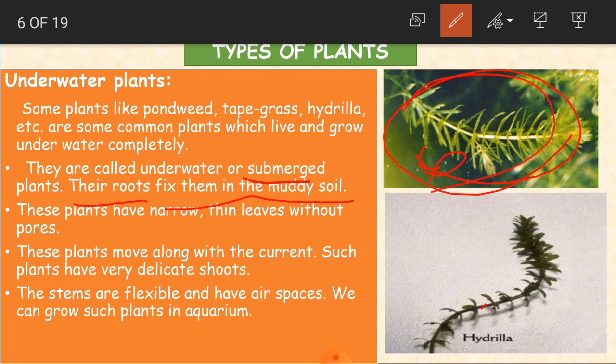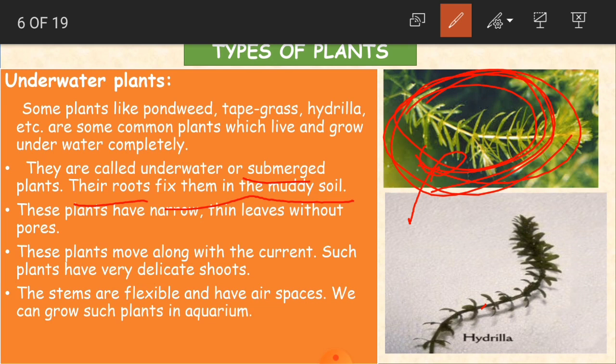But here with underwater plants, the roots are fixed in the muddy soil, and the plant is also in the water, not above the water. That is why we call them underwater plants. Clear, children?